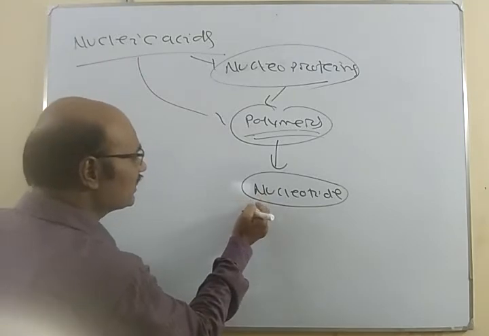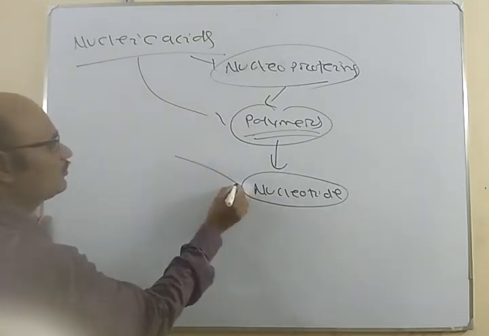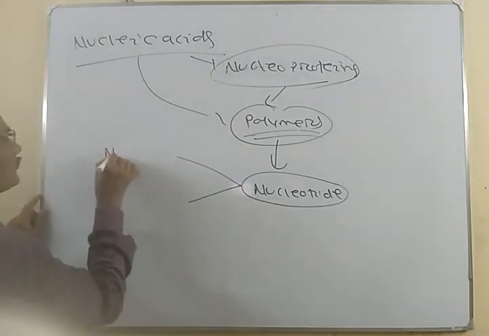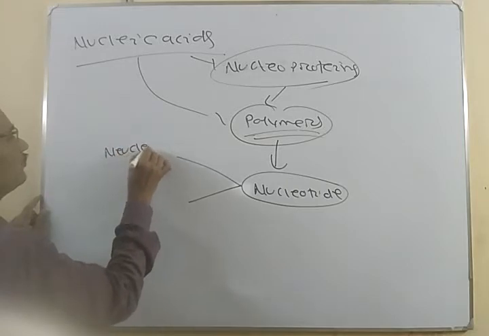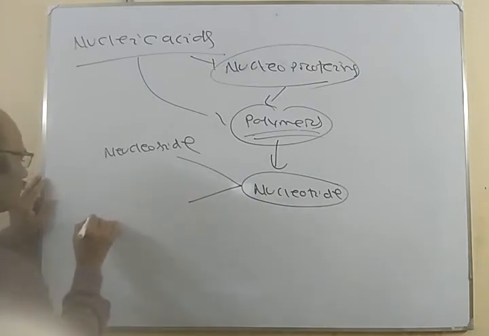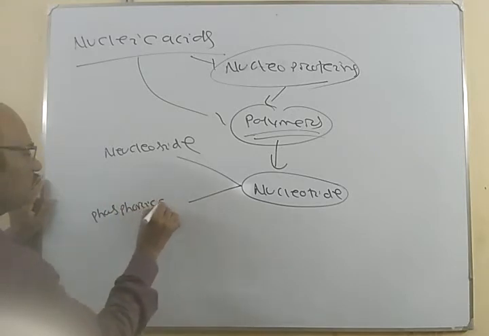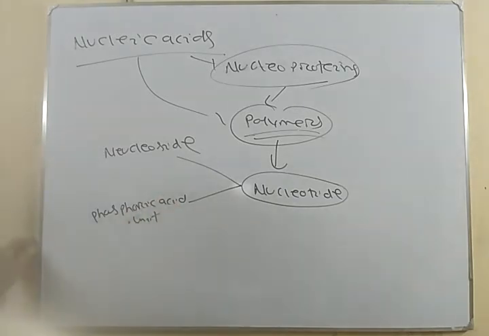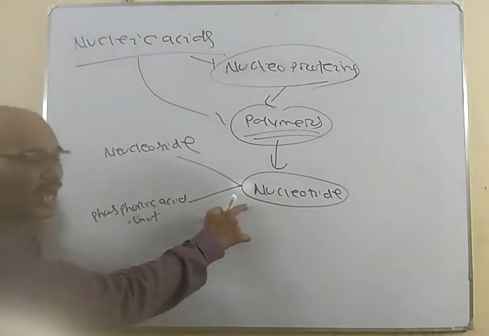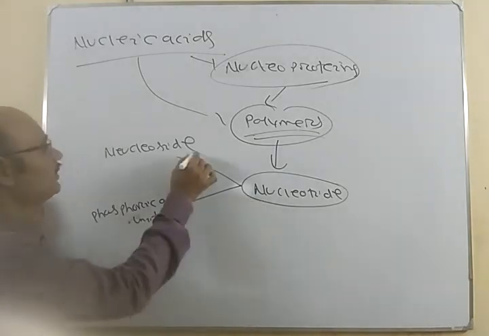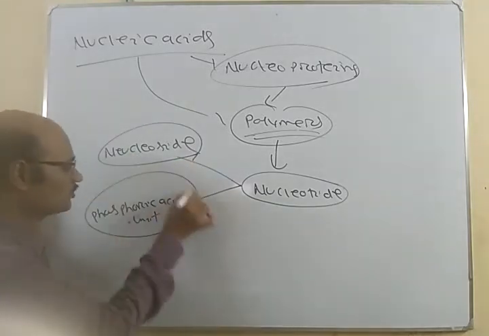Now these nucleotides consist of two parts: a nucleoside and a phosphoric acid unit. Okay, so nucleotide is the monomer which consists of a nucleoside and a phosphoric acid unit.